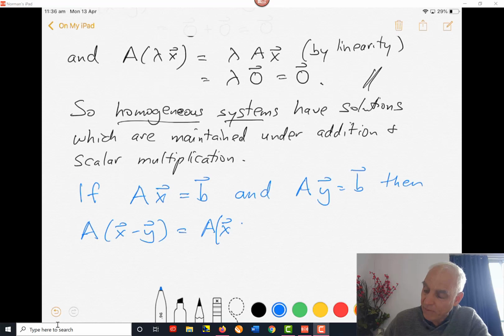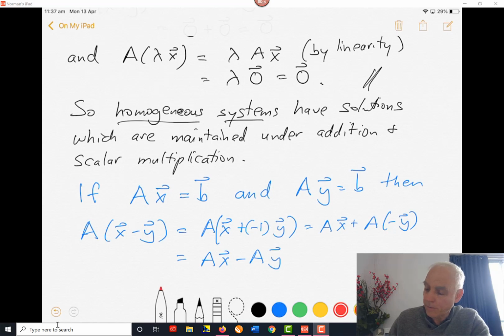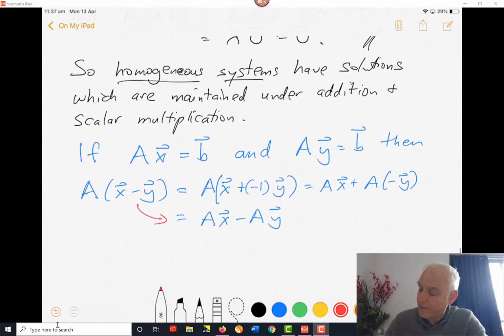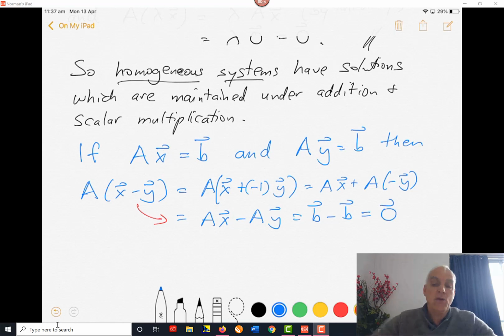It's A times X plus minus 1 times Y, okay? So that's then A times X plus A times minus Y, and that's then AX minus AY. Although, after you've done it once or twice, you can go directly from A times X minus Y to AX minus AY. Okay, but we're assuming that AX equals B, and we're assuming that AY equals B. And so when we take the difference between those two things, we get 0.